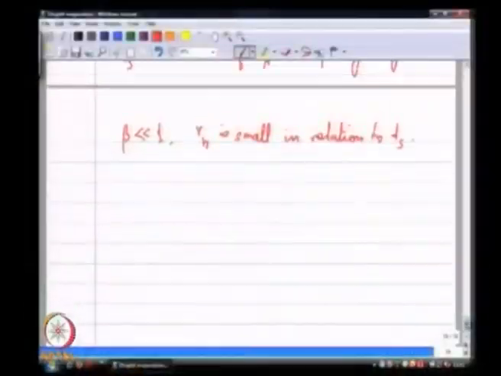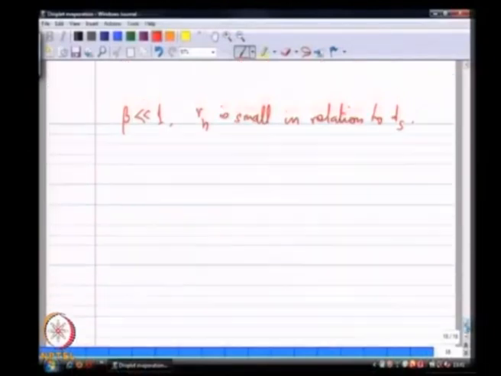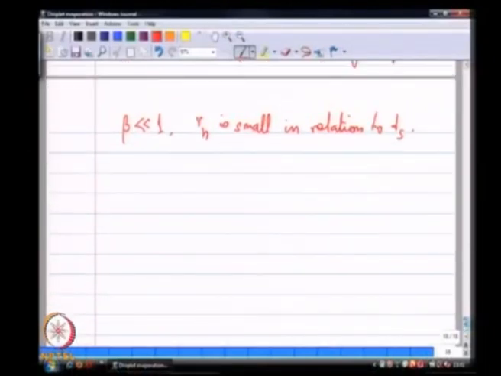So, these alpha and beta do default to the appropriate limits in the dilute spray. So, when the droplet spacing is in general very large, you are quite okay. So, in that regime I am going to take the vapor concentration field.